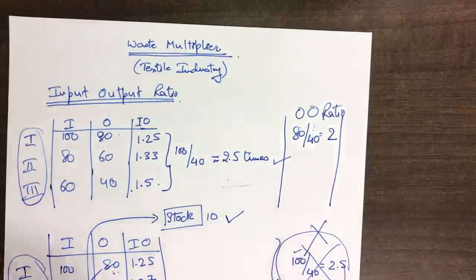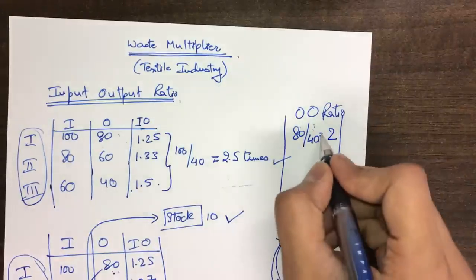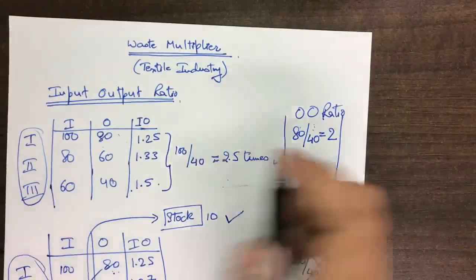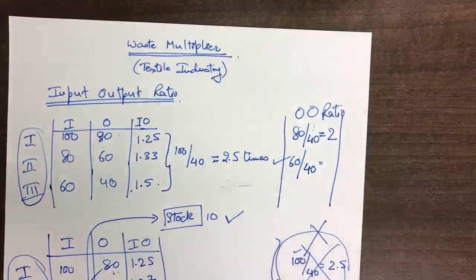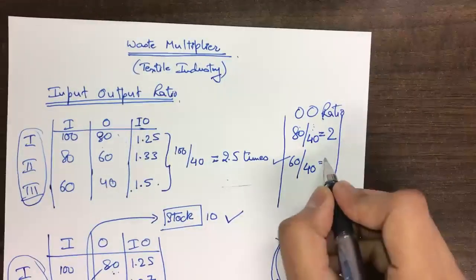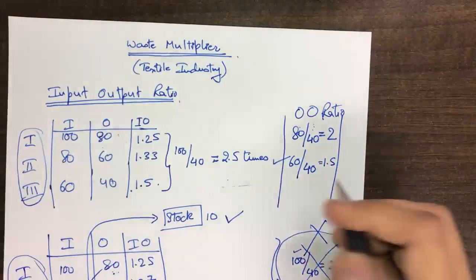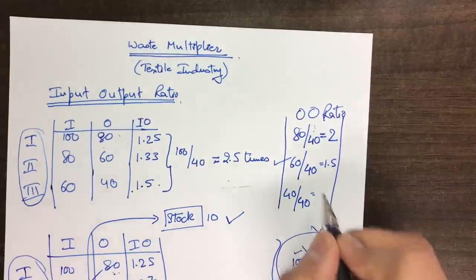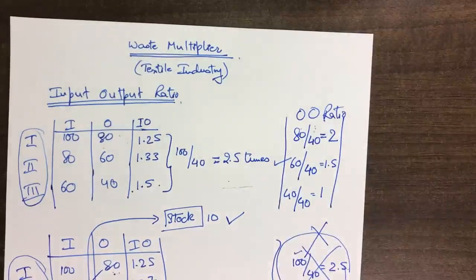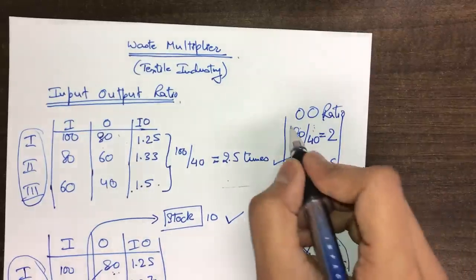So the output ratio of the entire first process is 2. Output of the second process is 60. Output of the last process is 40. So the output ratio becomes 1.5. Output of the third process is 40. So the output ratio becomes 1.